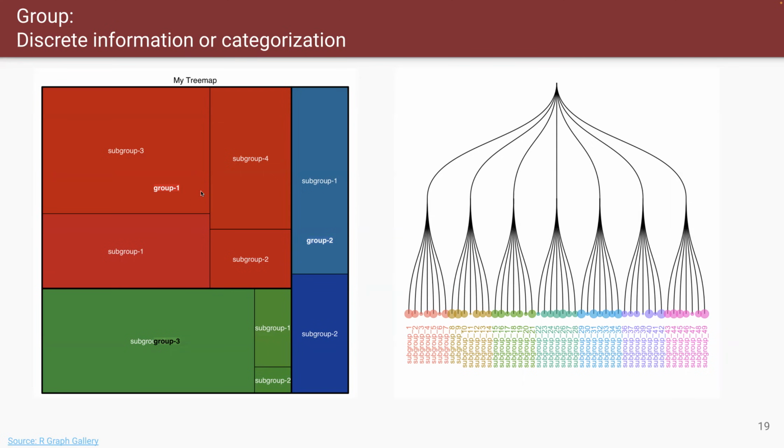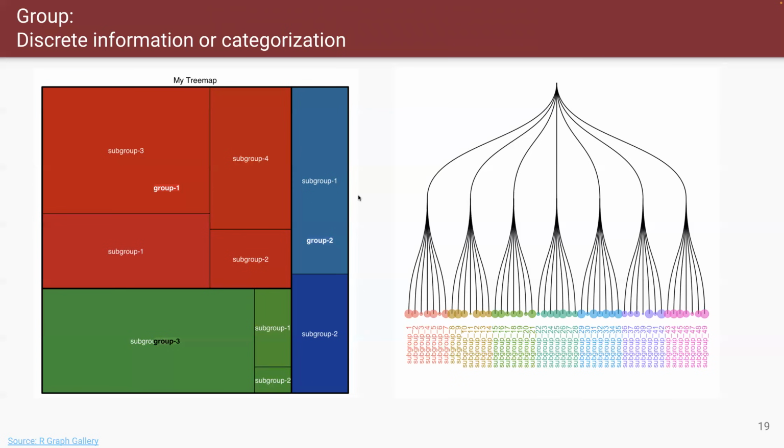So subgroups, actually it's 3 groups, right? 1, 2, 3. So blue, green, and red. But I don't really like the blue colors. But anyway, the first group has 4 subgroups, the group 3 has 3 subgroups, and group 2 has 2 subgroups, something like this.